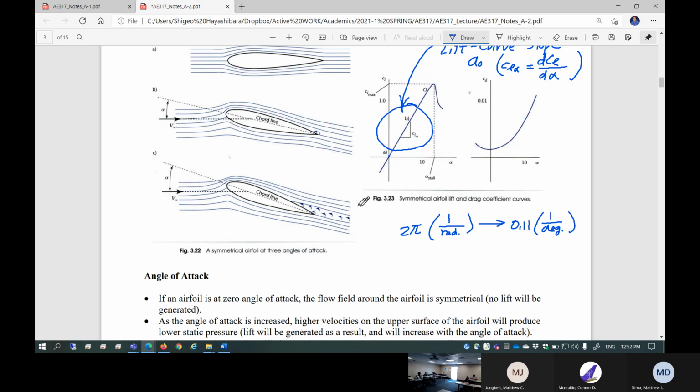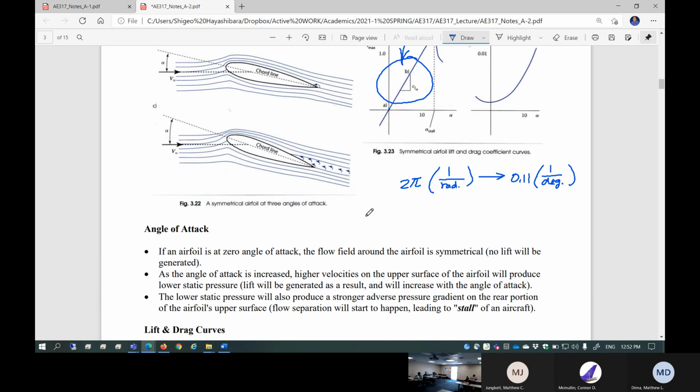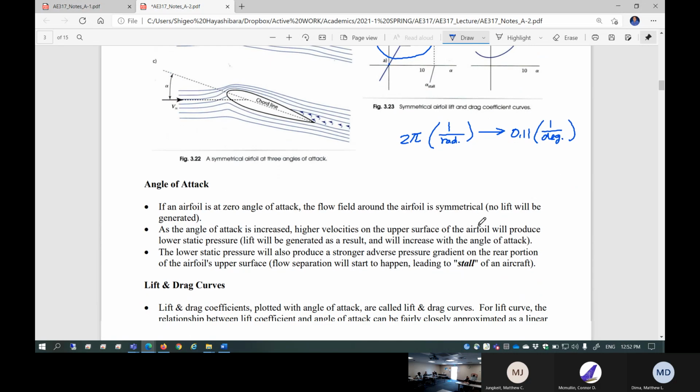That's why the software is super important. If you choose a tremendous range of different cross sections to begin with, you can spend some time and build the database before you actually start doing your wing design. You can only do it by using software. This is a huge advantage of using software.